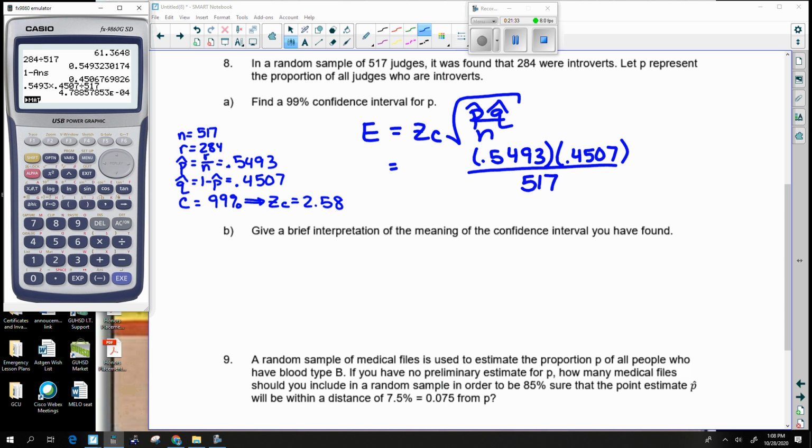Okay. Then to that, I square root that answer. And then I multiply by 2.58.